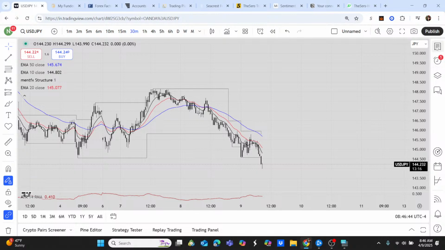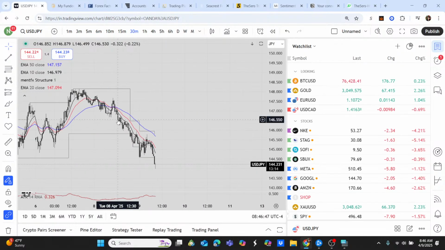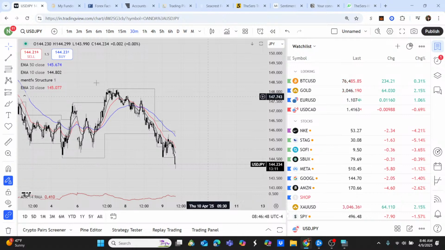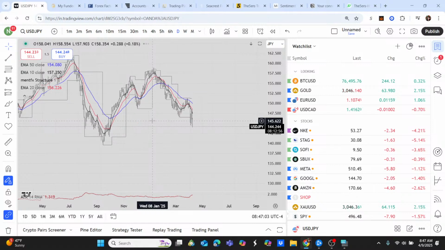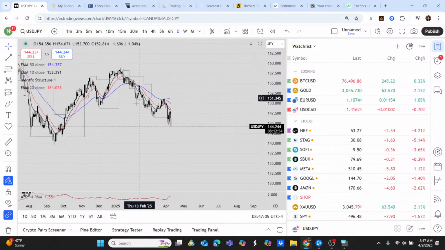We're gonna start off with, hey, why not? Let's look at USD JPY. Why not? All right. So if I look at the daily on USD JPY, it's moving bearish.